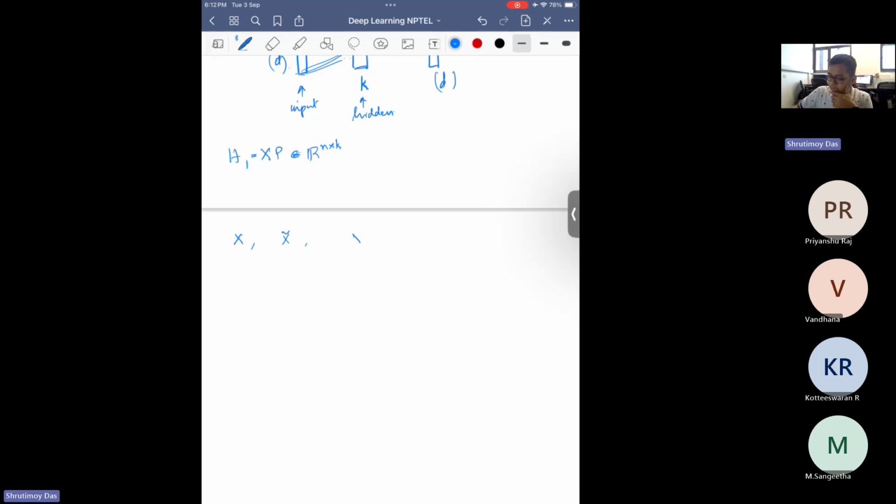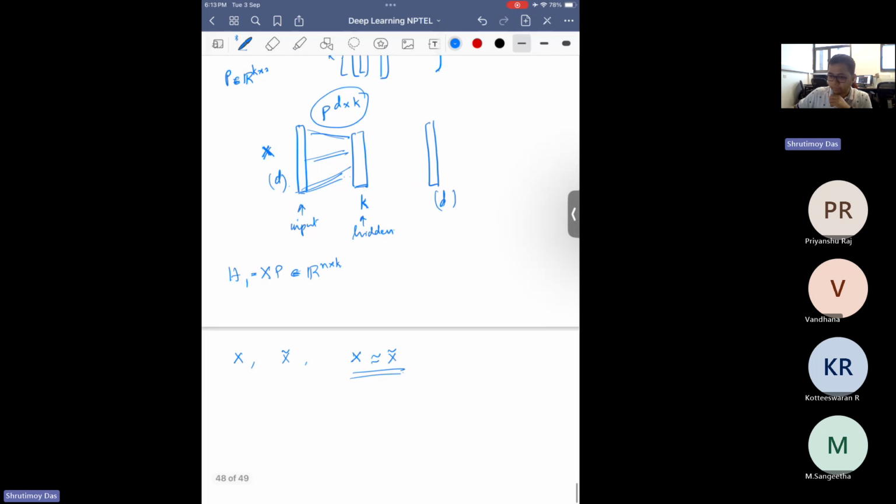You want X and X tilde to be approximately equal, because you are removing the number of dimensions or features, but you also want the data you recreate using only this smaller set of features to be equal to the original, right?